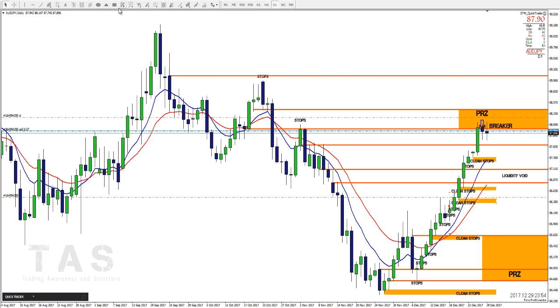This area here, I'm looking at that area as a block. So I was waiting for price to come here, and I'm short there. My stop should be above this area, but if I get stopped, I'll enter on the line.